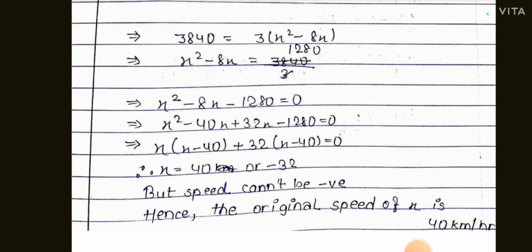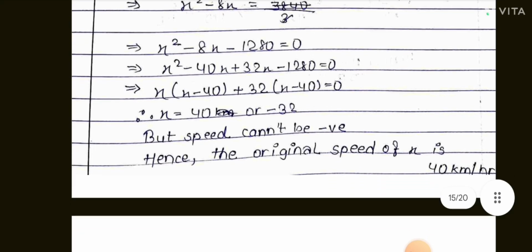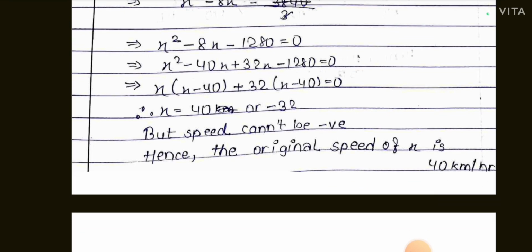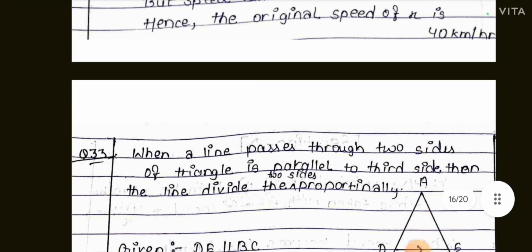It means x equals 40 and minus 32, but we can't take minus 32 because speed can't be negative. So the speed of the train is 40 kilometer per hour. It is the right answer. Question 32 is done.